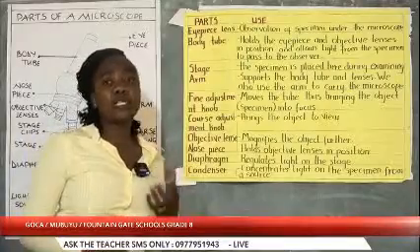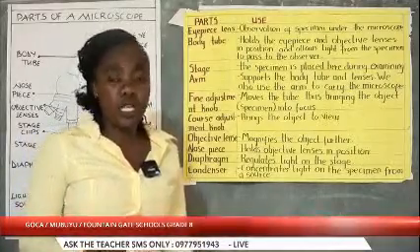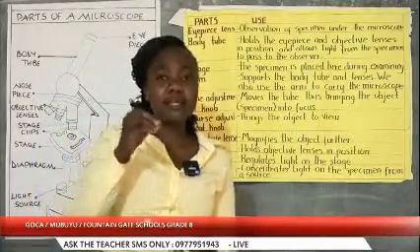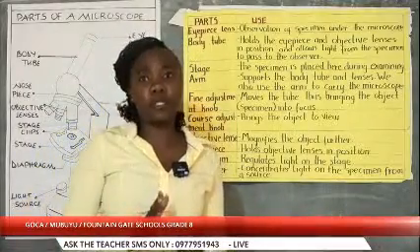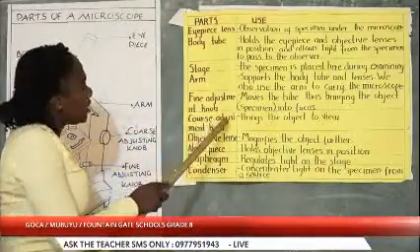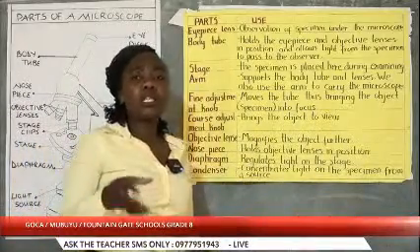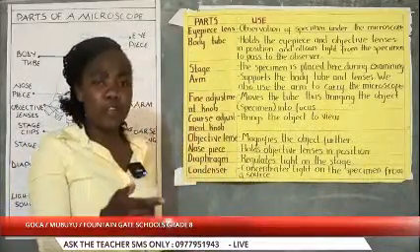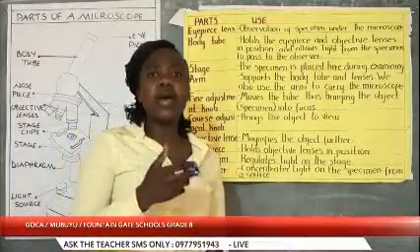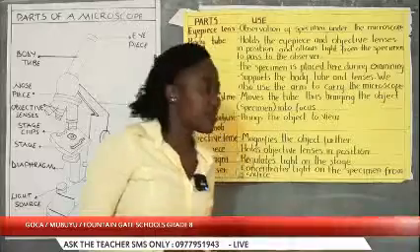So when they say it brings the object to view, it is to help you as an observer to see the parts nicely without having any difficulties. Are we together, class? So the coarse adjusting knob brings the object to view so that you as an observer are able to see nicely without having any difficulties. Are we together, class?